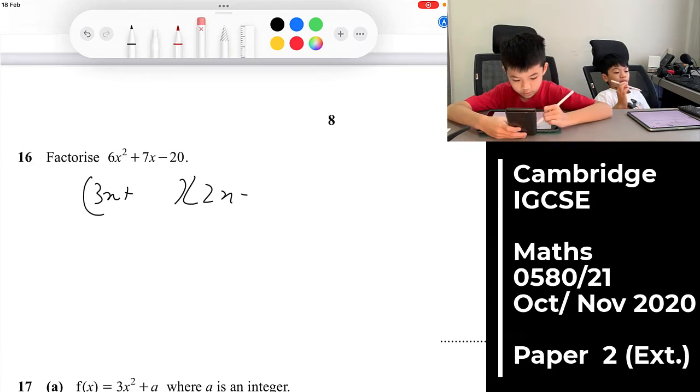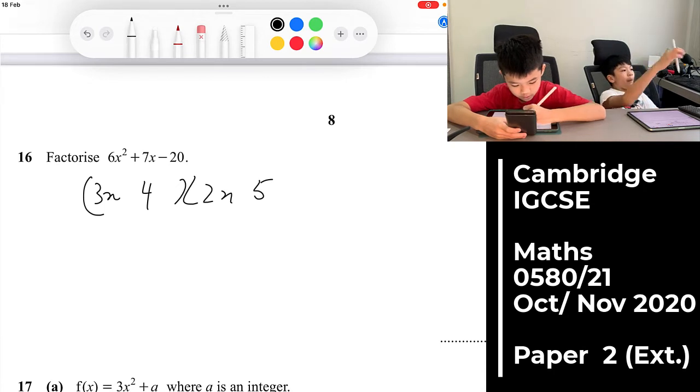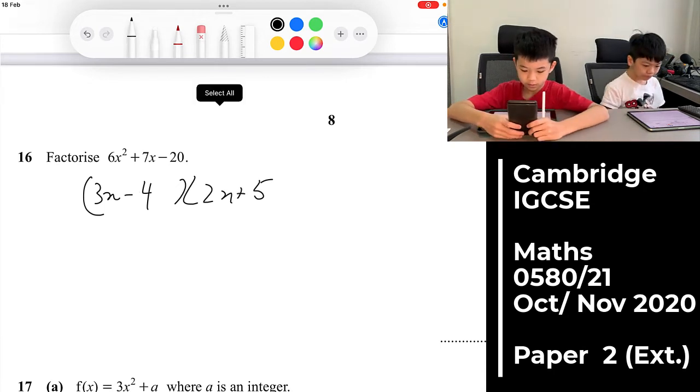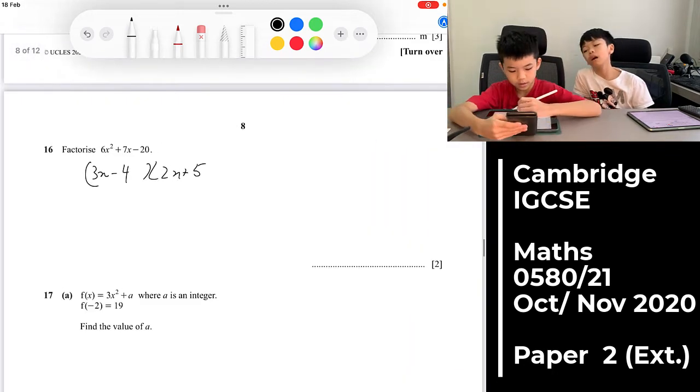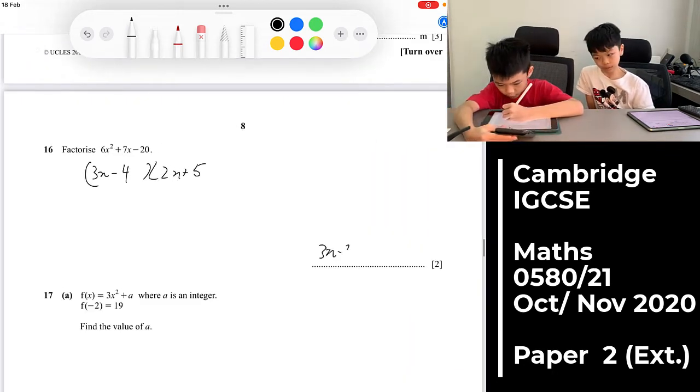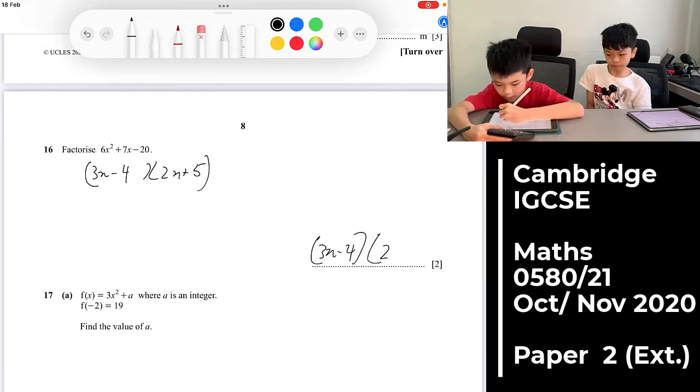Oh, it's the same thing except the negative and positive signs are switched around. Now it should be 5, 3, and then minus 4, 2. Yep, 7. So it's 3x minus 4 and 2x plus 5.